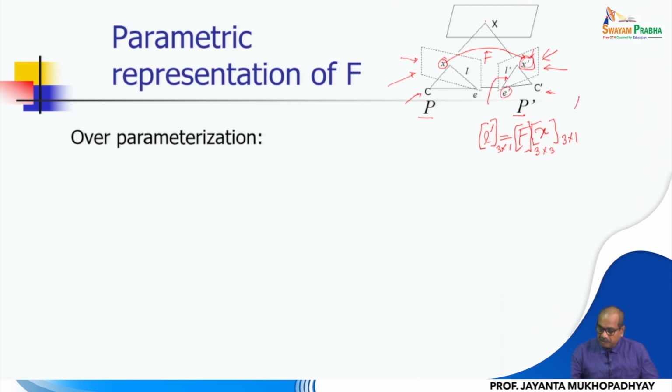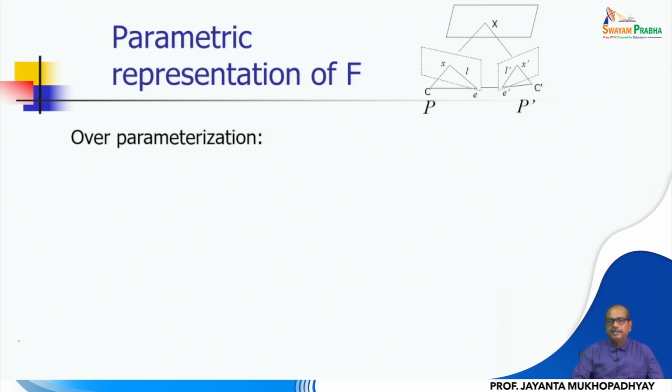We can also write, from the projective space properties, l prime equals F x. F is a 3x3 matrix, so there are 9 elements, but since F is itself a projective element, because F and its scaled version kF are both equivalent, one element can be taken as a scale element.